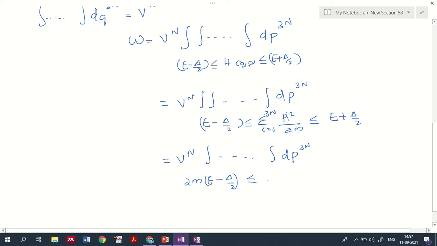Now if I specify the limit of sigma i equal to 1 to 3n of p_i, that means I have to take the square root, so that I'll be getting root of 2m (E minus delta by 2) less than or equal to sigma i equal to 1 to 3n of p_i, which is less than or equal to, this 2m has to go to this side as well, so we'll have root 2m (E plus delta by 2).